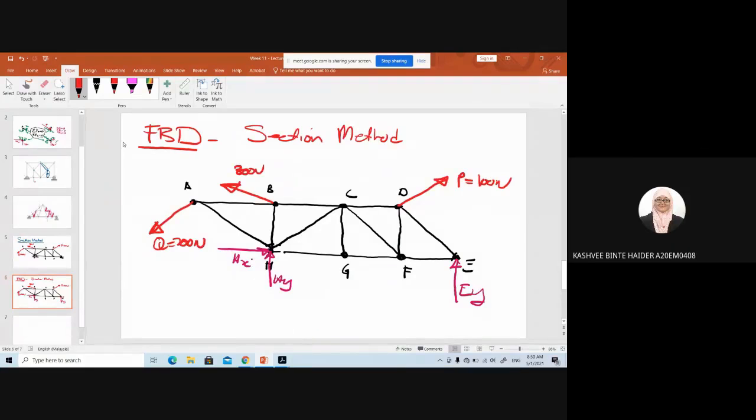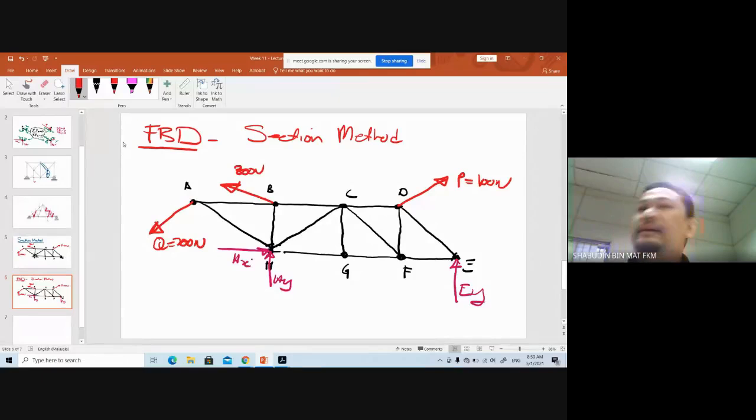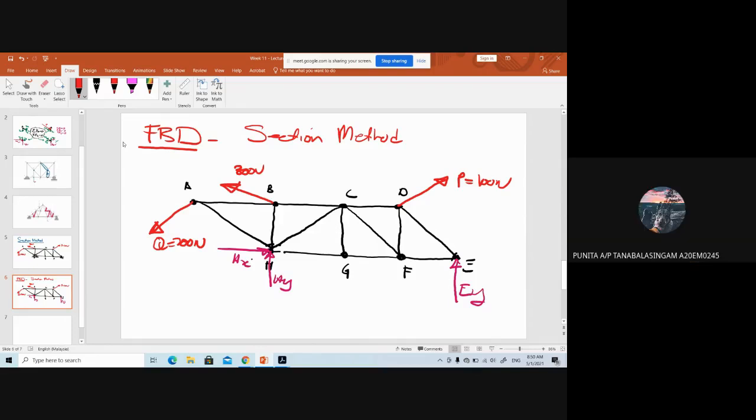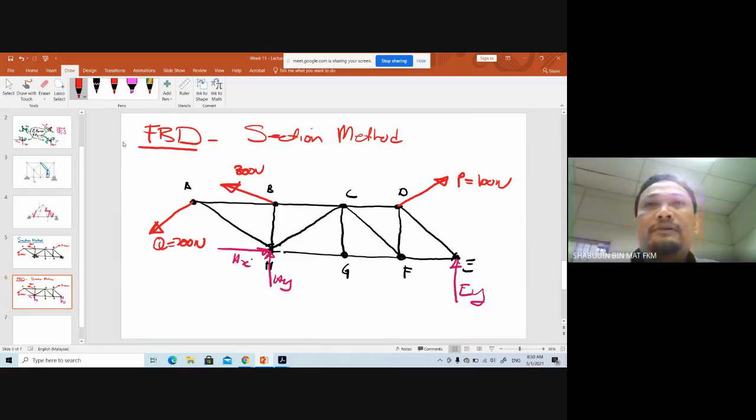Yes, doctor. Puspa, Kunita, how many structures can we cut? 3, doctor. Very good. Okay, 3. The maximum you can cut is 3. So we will ask you in the exam.